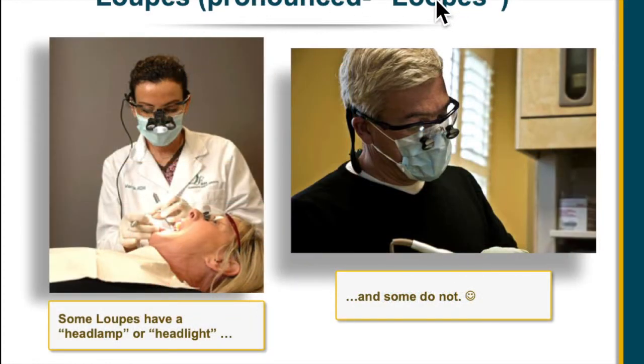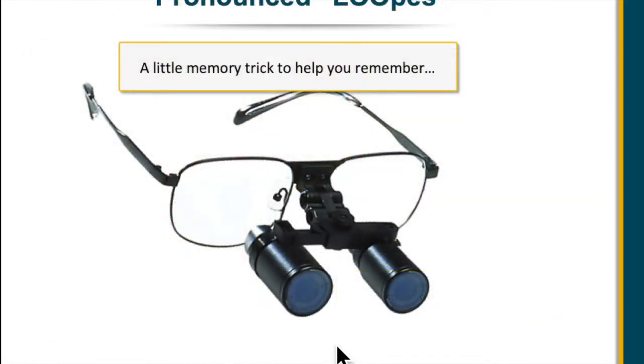It's pronounced loupes, with 2 O's, and I do that as a little memory trick so that you can remember what they're called. Some loupes have headlamps and some do not. So there's your little memory trick for loupes.